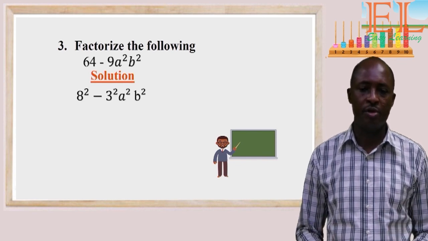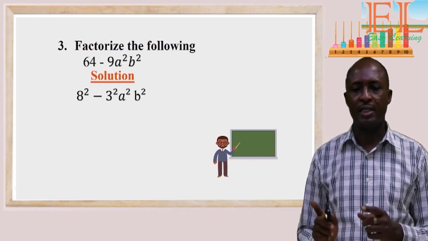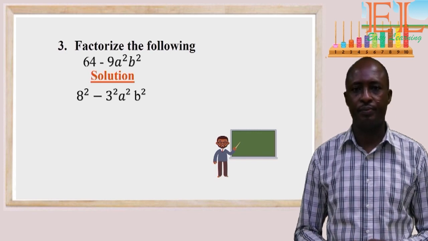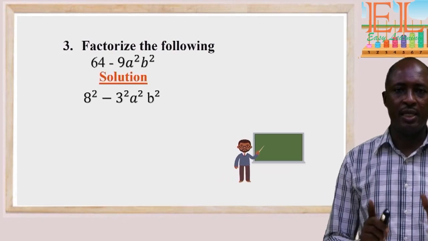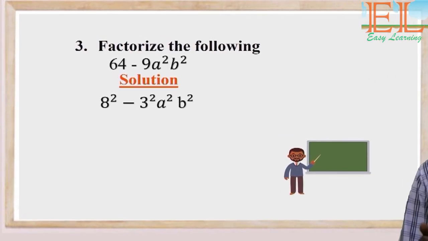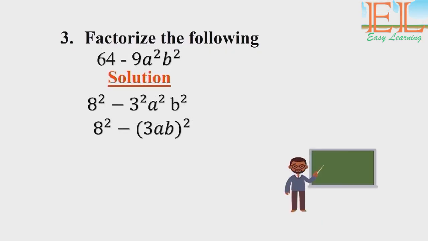So 64 is 8 squared and 9 is 3 squared. I can now write this as 8 squared minus 3ab all squared. And applying the principle of difference of 2 squares, I'll have 8 minus 3ab times 8 plus 3ab. Isn't that wonderful?